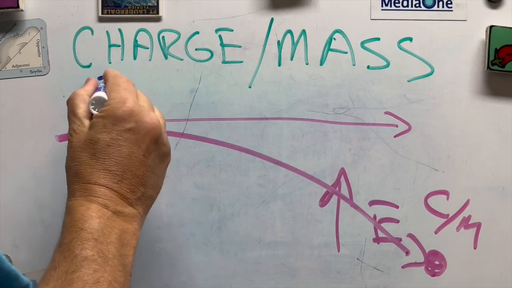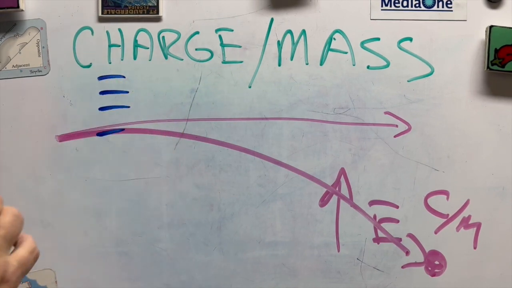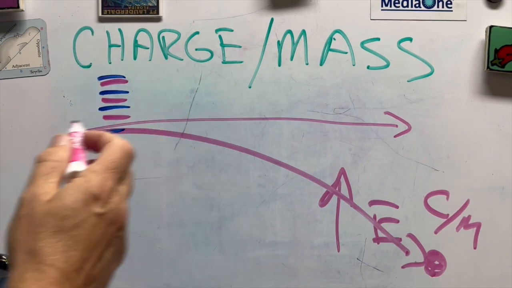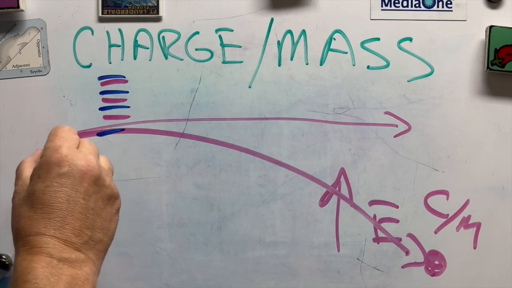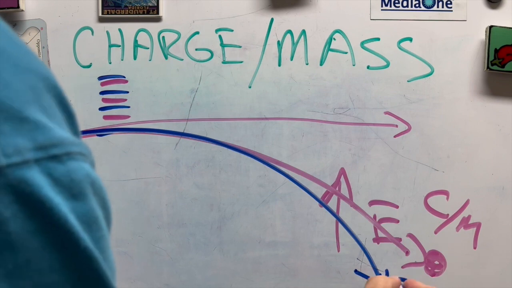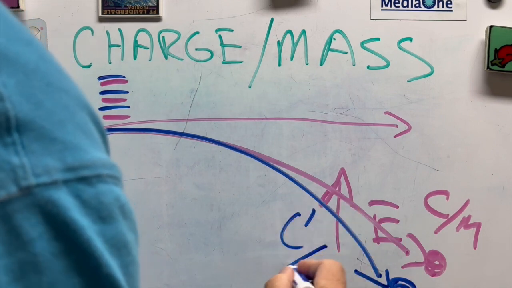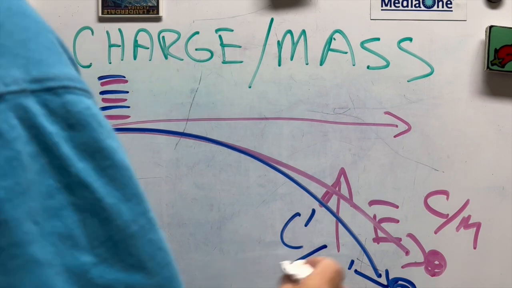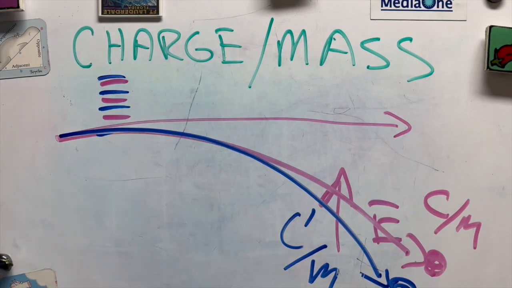Now imagine that that is in the field and is experiencing a force of translation. It will land somewhere else, giving you a different charge to mass ratio. But if you assume that it's not, then that's going to cause a measurement error. See, if you use the same mass and a different charge, a charge prime.